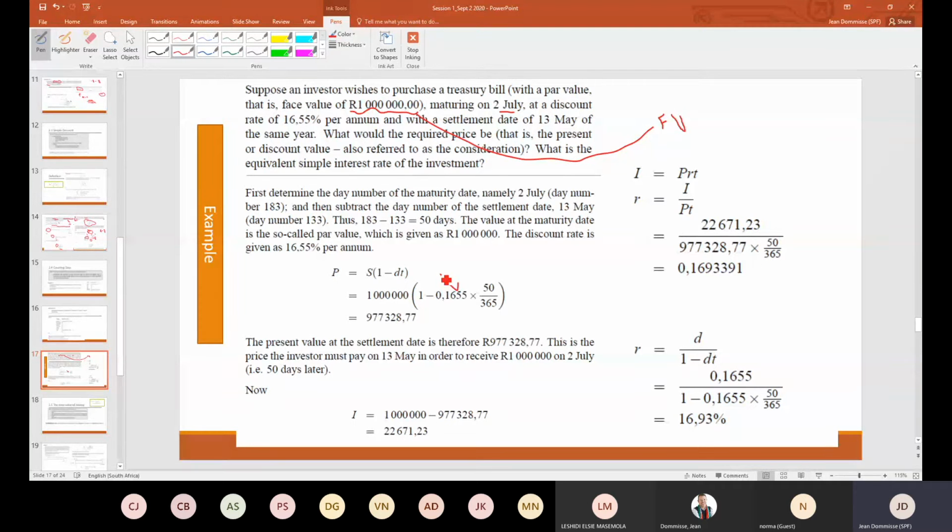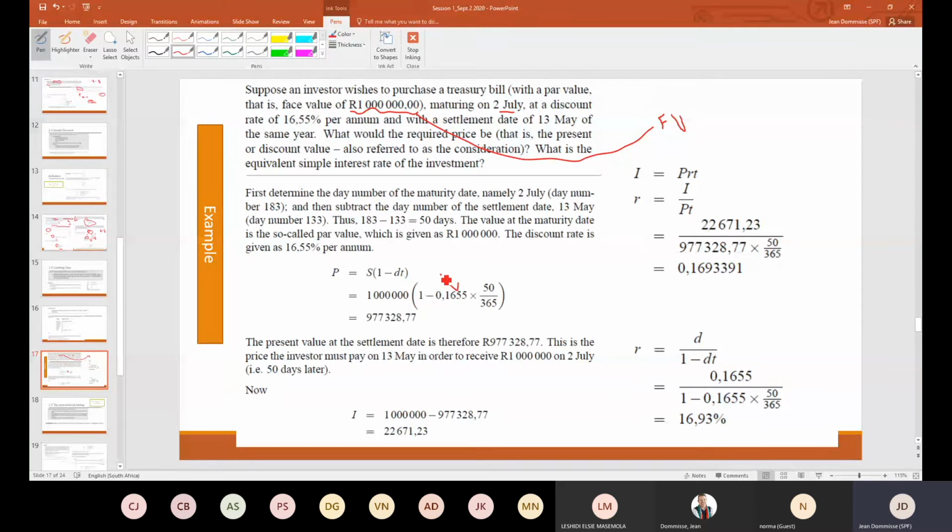So basically we need to see, in the same year, the difference between the number of days from 13 May to 2 July.